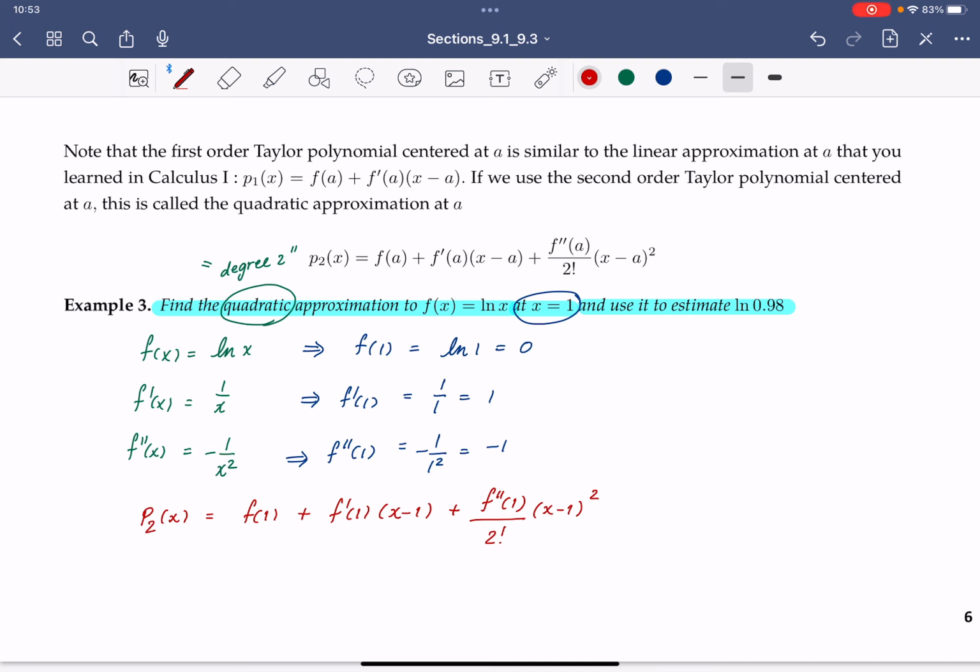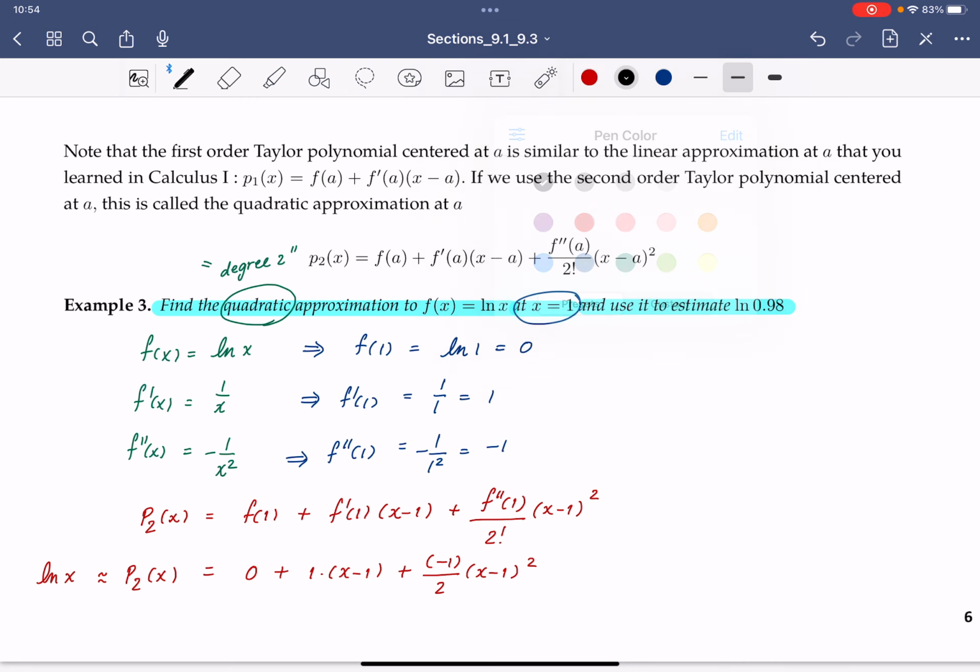Power to the n with x minus a and then keep doing factorial in the denominator. And then you plug in everything, it's gonna be 0 plus 1 times (x minus 1) and then plus minus 1 over 2 times (x minus 1) squared. This is a Taylor polynomial of degree 2 and we're gonna use it to approximate log x, right?